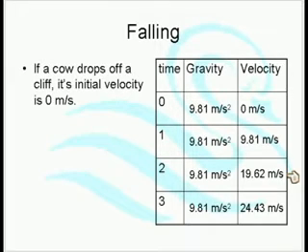So its velocity now is 19.62 meters per second. 1 second after that, it's accelerated by another 9.81. So its velocity is 24.53 meters per second. And every second that goes by, the cow's velocity increases by another 9.81 meters per second.